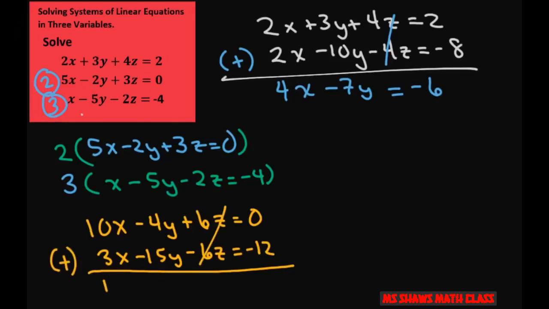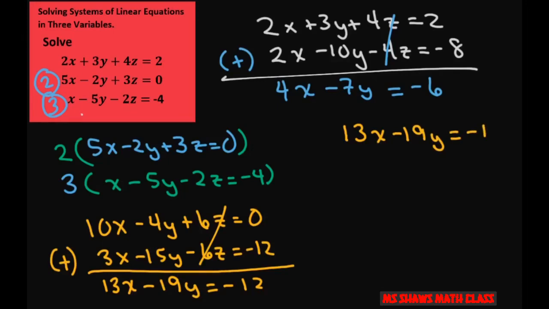So you add, you get 13x minus 19y equals negative 12. So we have 13x minus 19y equals negative 12, and then we have 4x minus 7y equals negative 6.